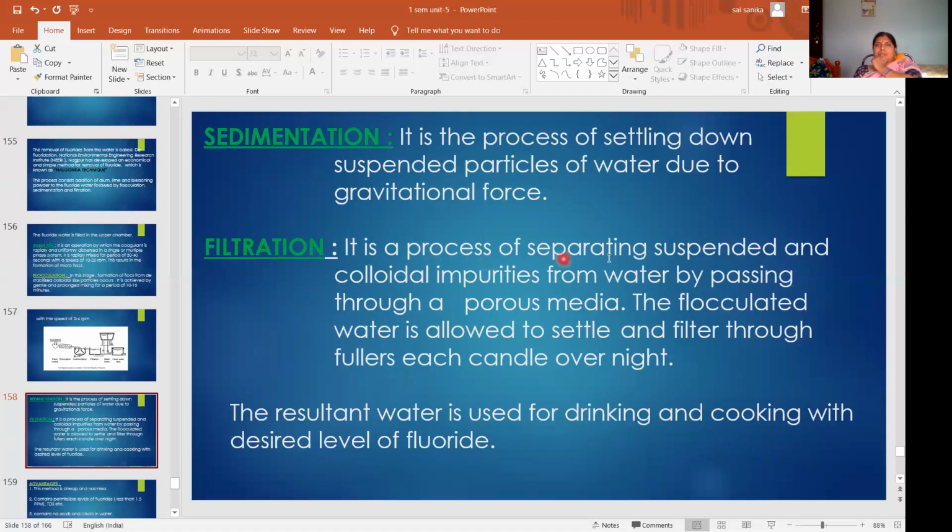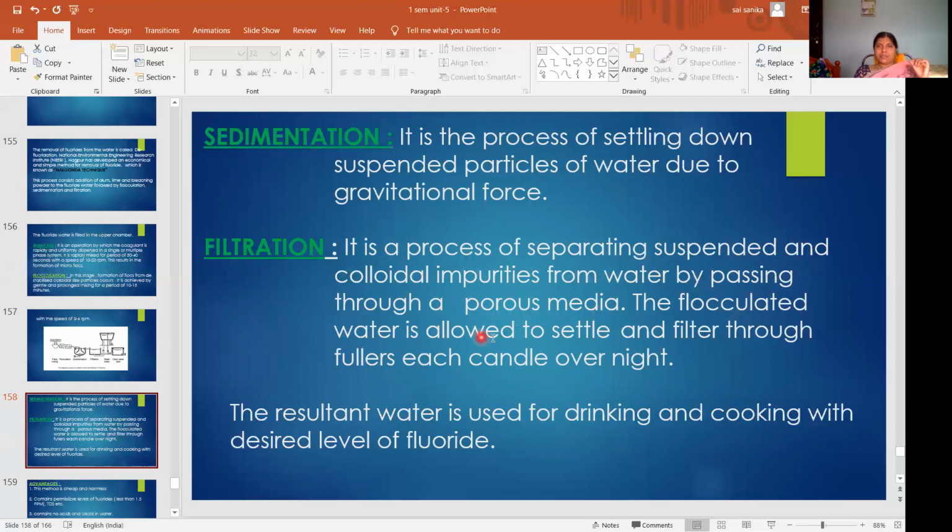The next is filtration. It is a process of separating suspended and colloidal impurities from water by passing it through a porous media. Porous means small holes.